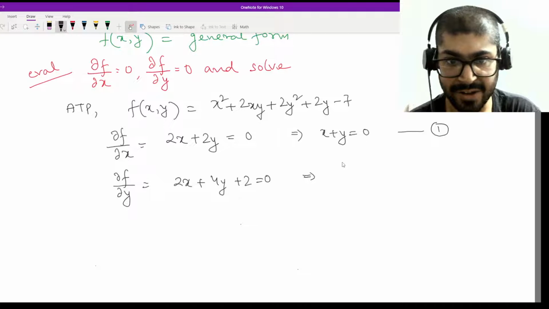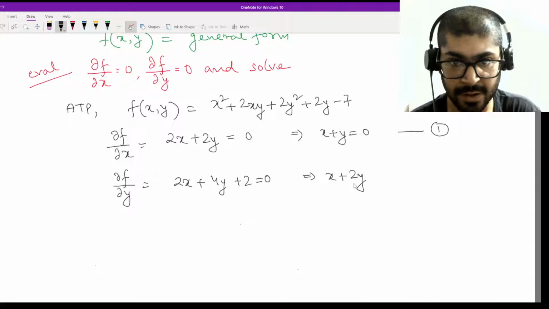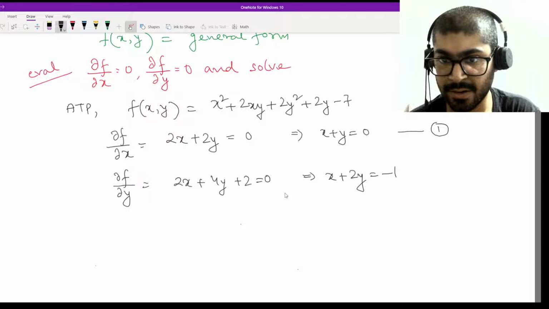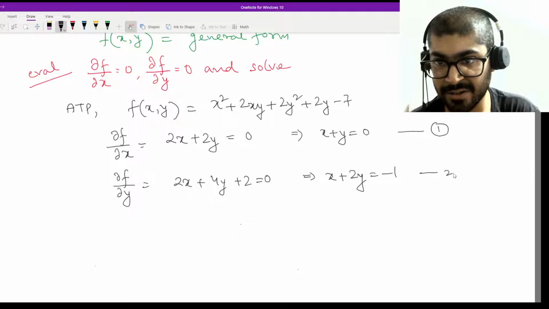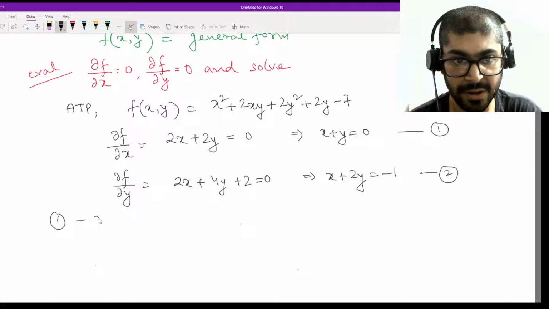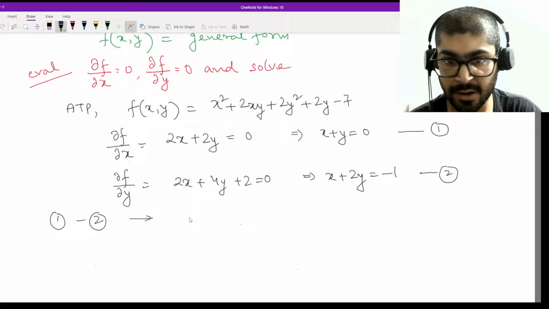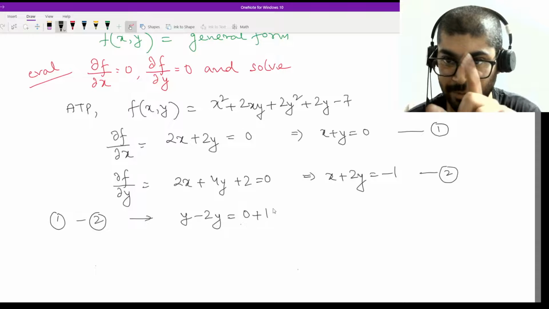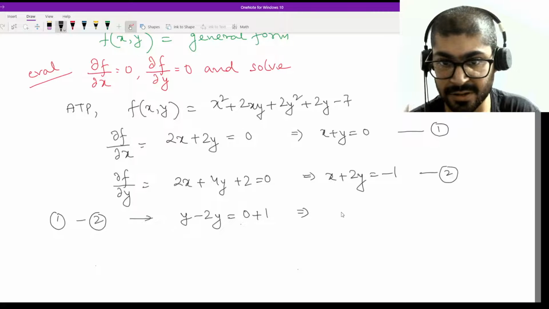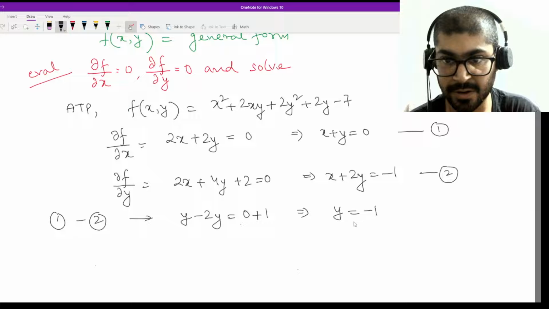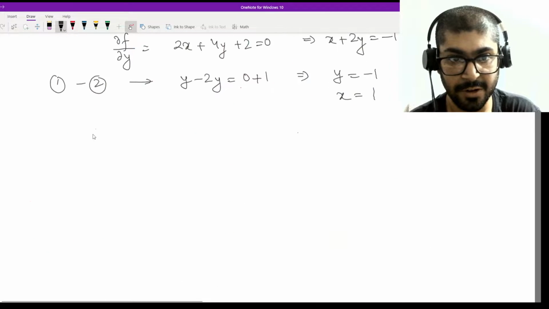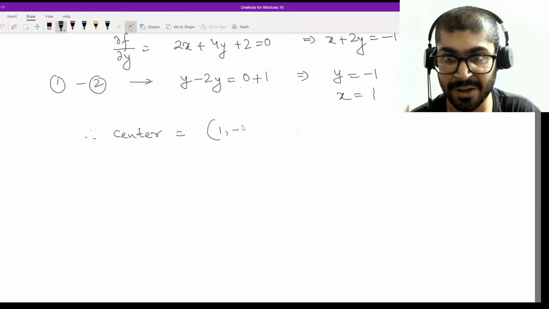So if I cancel by 2, I'll have x plus 2y equal to minus 1. Now I can just subtract these. I can do 1 minus 2 and I'll get y minus 2y equal to 0 plus 1, because minus of minus 1. That means y is equal to minus 1 and x should be equal to 1. So therefore, we have got the center, equal to 1 comma minus 1.